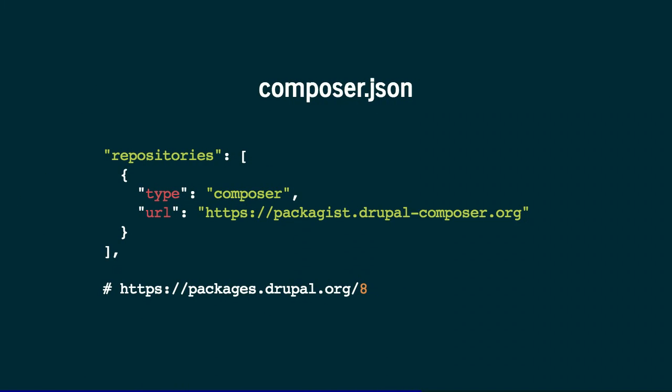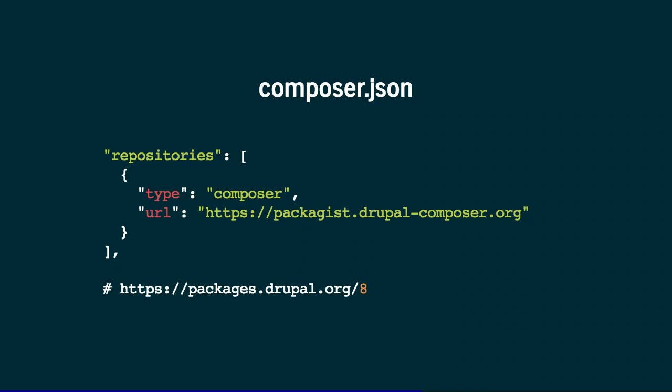But all those packages again are stored not on the global Packagist project. We have this packages.drupal composer.org site, which contains all of the definitions of the Drupal modules. And we also have packages.drupal.org. It's something new from a couple of months ago, at most.